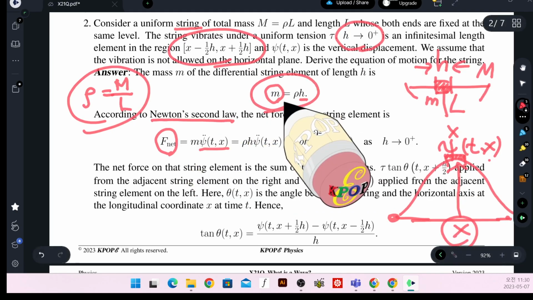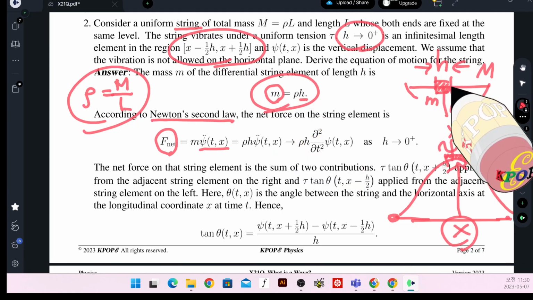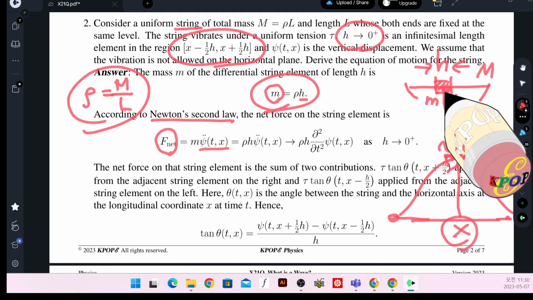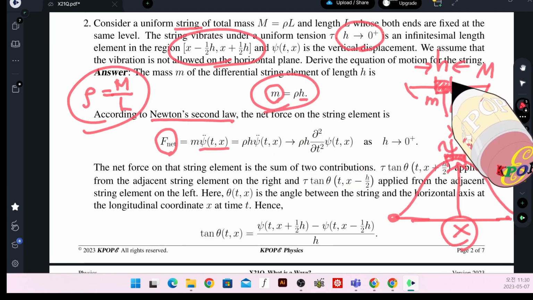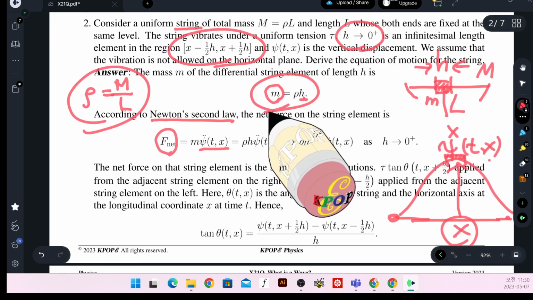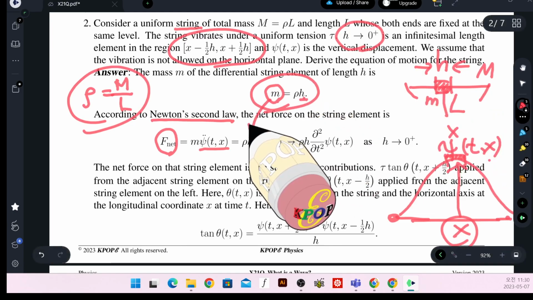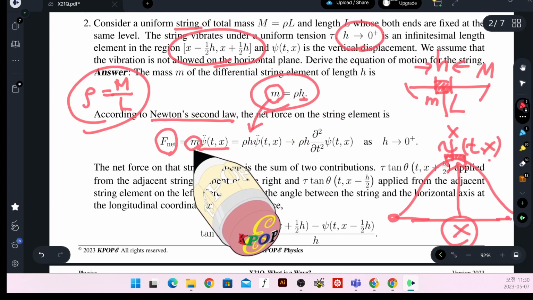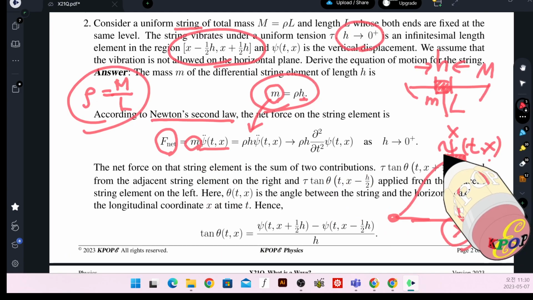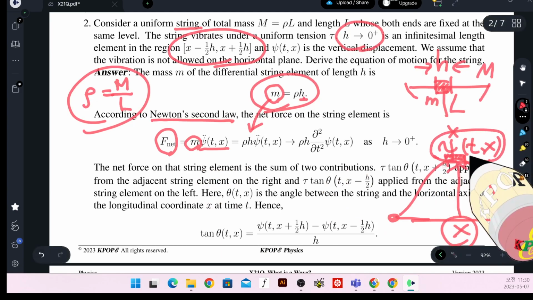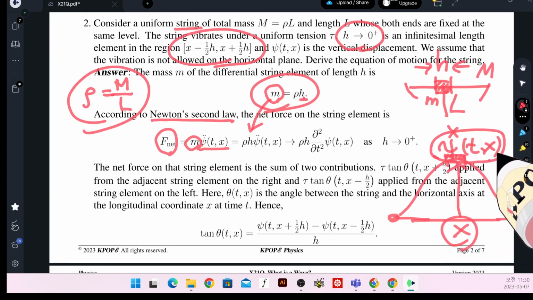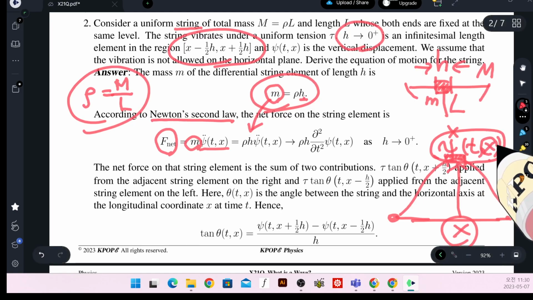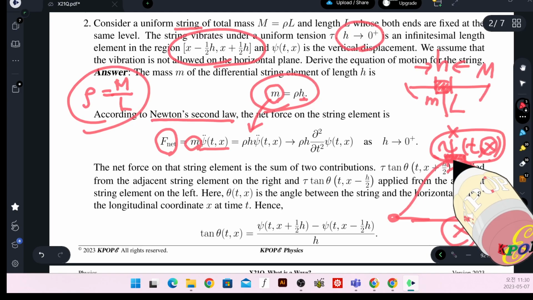Because the mass of the string segment of width h is this, we can substitute rho h for the mass m. We know this displacement is a function of time and position, and we fix the position of this segment.